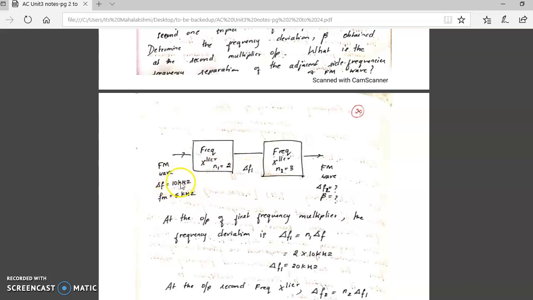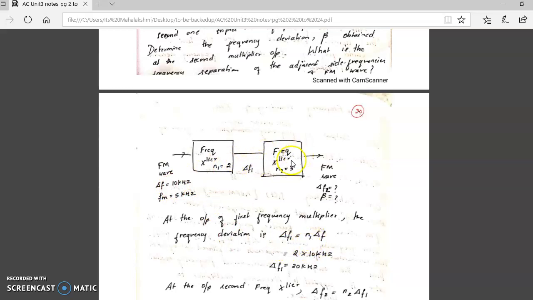He has not mentioned carrier frequency here. So just leave it. So will the frequency deviation be affected by the multiplier? Yes, it will be affected. So here it is not going to be delta F, it has to be different, delta F1. Okay, so delta F1 is equal to n1 into delta F. So that is what is written here.